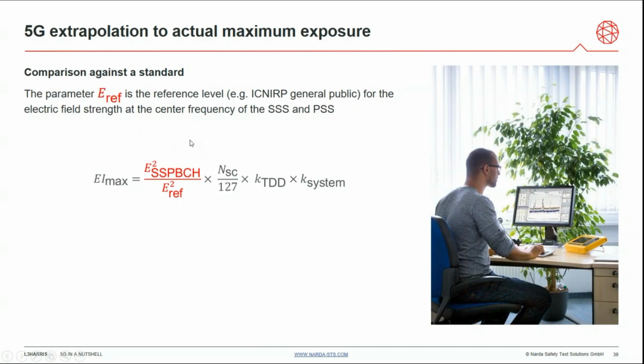So again, putting a little bit more light on this formula. The E reference is the reference level. I already said that. For example, the ICNIRP general public, or the different values in the different countries. We have, for example, deviations from ICNIRP in countries like India.